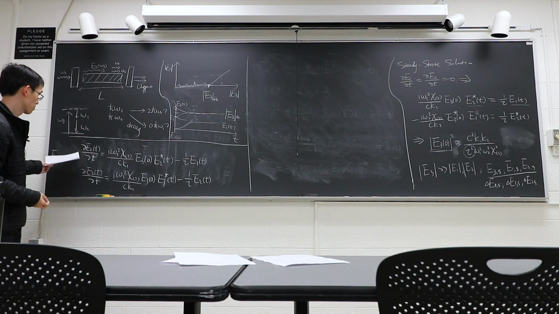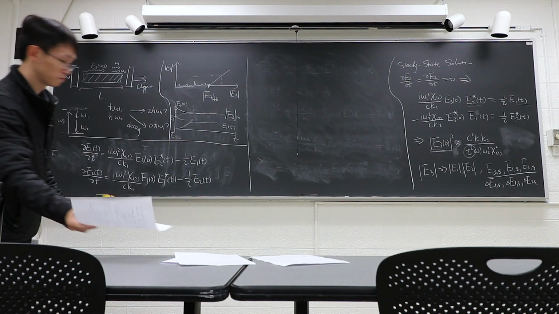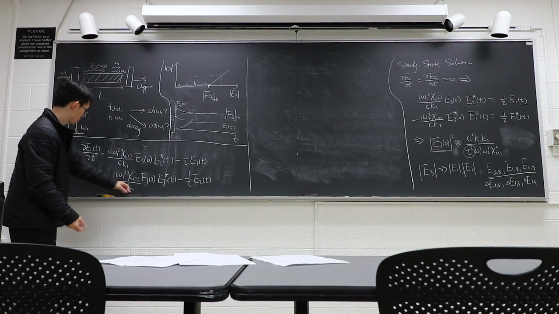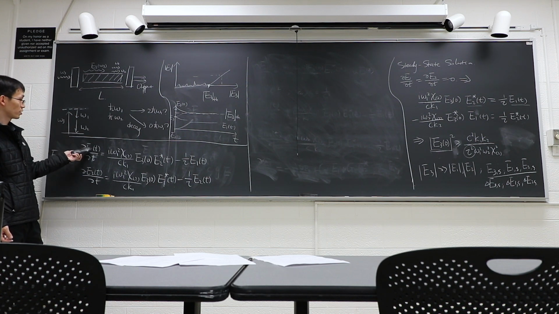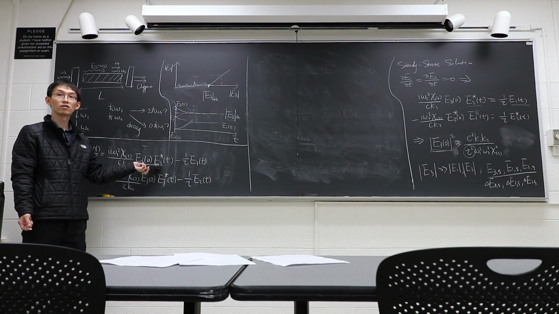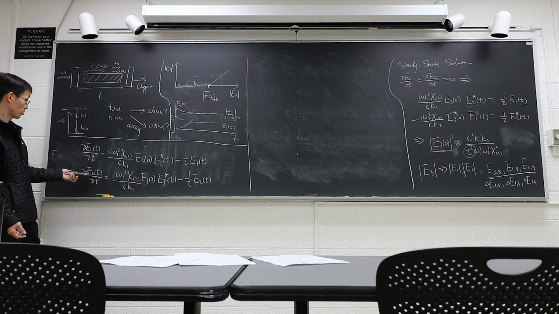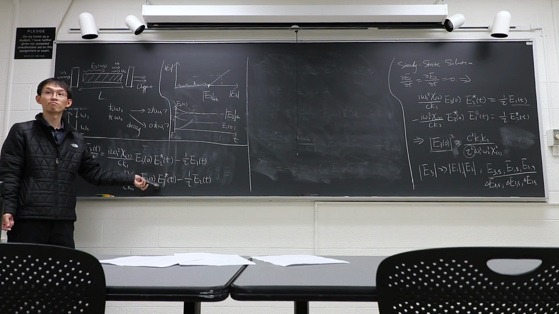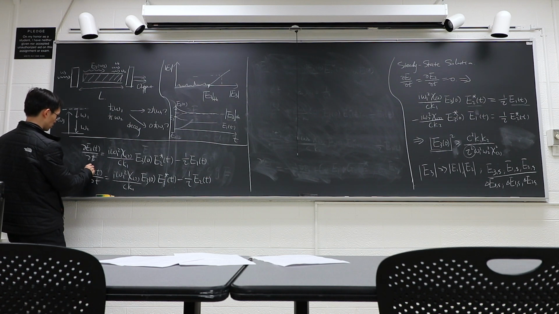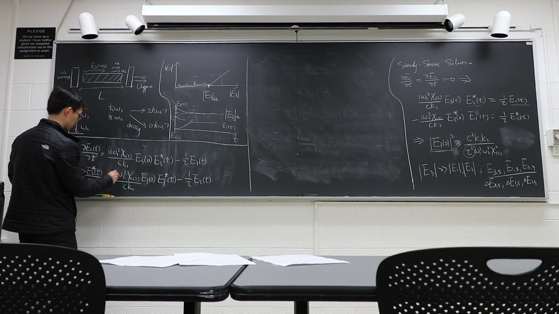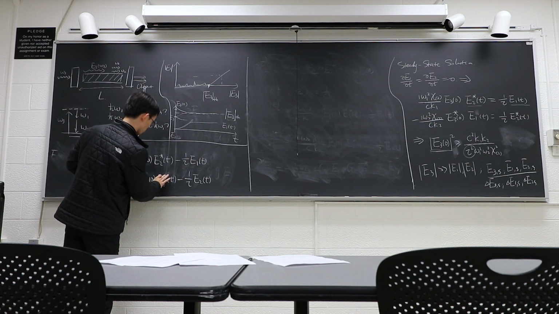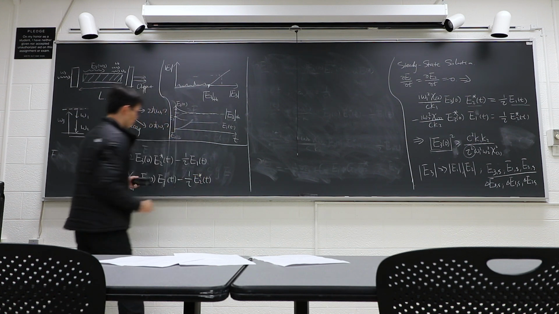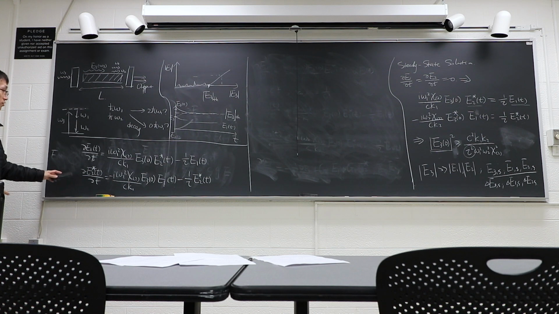So first, we take the conjugate of this equation, because in the first equation you have E1 and E2 conjugate, and in the second equation you have E2 and E1 conjugate. It's much simpler if you just take the conjugate, and then you're working with the same variables.